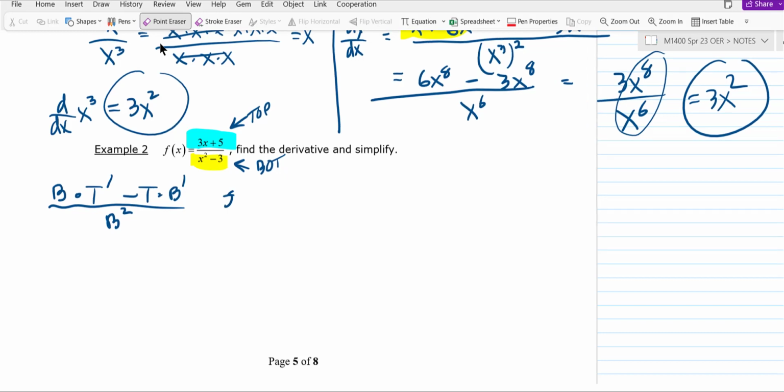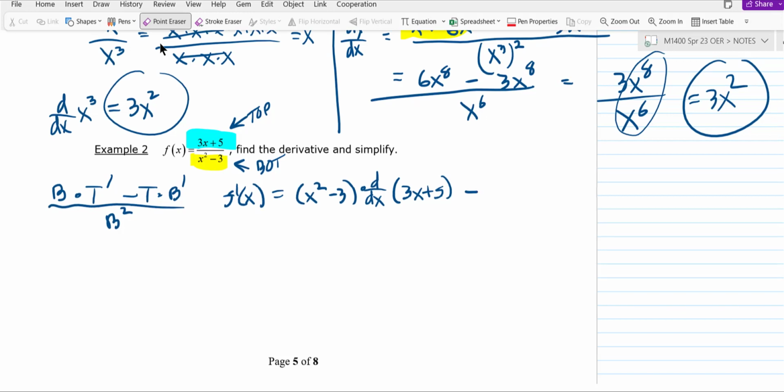Okay, so when we do f prime of x, we follow the rule exactly. We write the bottom, so we just write down x squared minus 3. You don't touch it, just write it down. Then you multiply by the derivative of the top, which you're more than welcome to do in your head, so you could bypass this step. But when you're learning it, I recommend the step I'm writing right now.